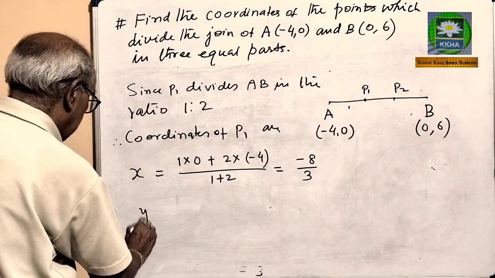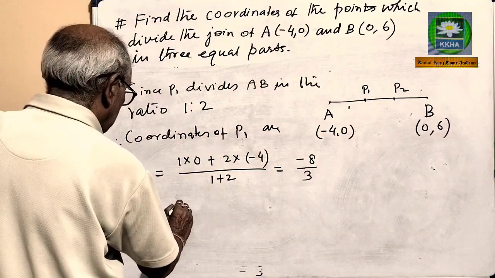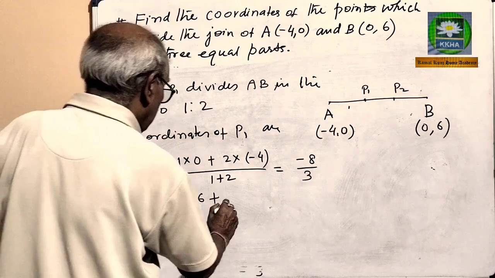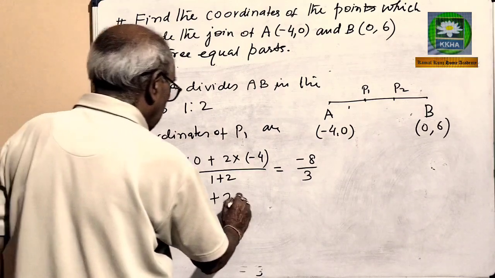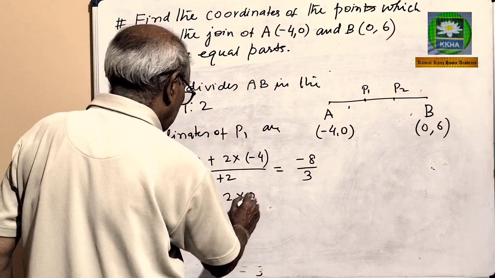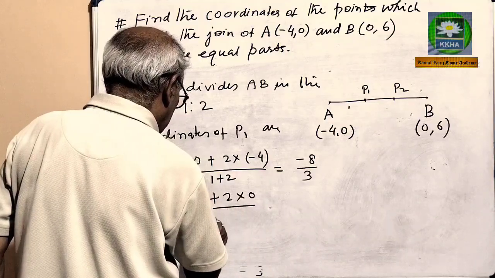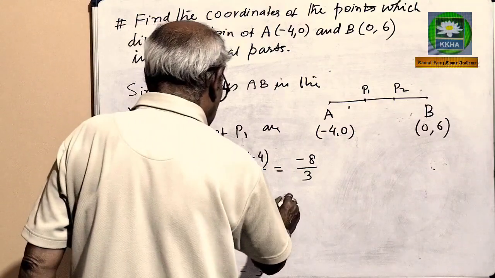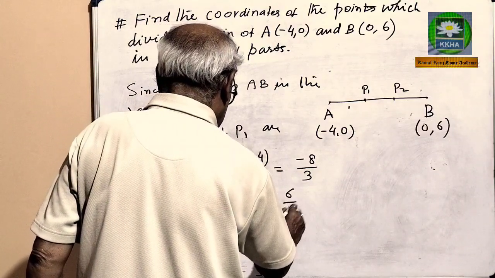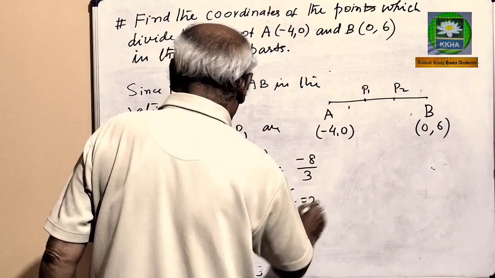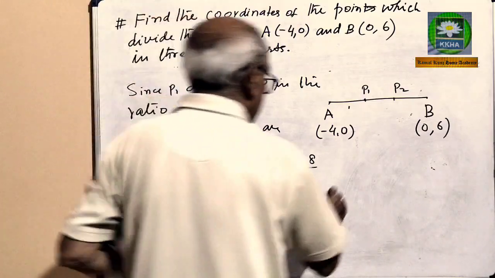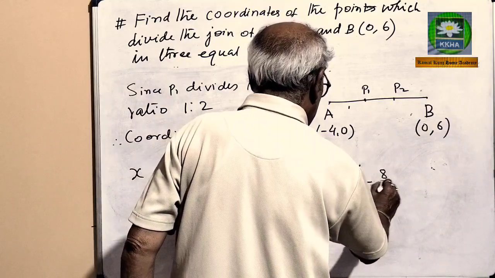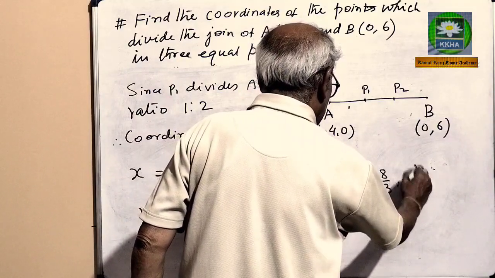And y will be equal to 1 into y2 which is here 6, plus 2 into y1 which is 0, upon 1 plus 2, that is 6 upon 3 equal to 2. Hence coordinates of P1 are -8 upon 3 and 2.